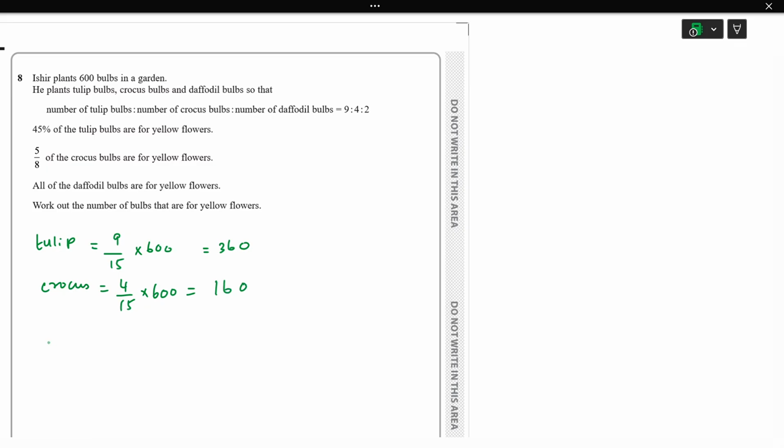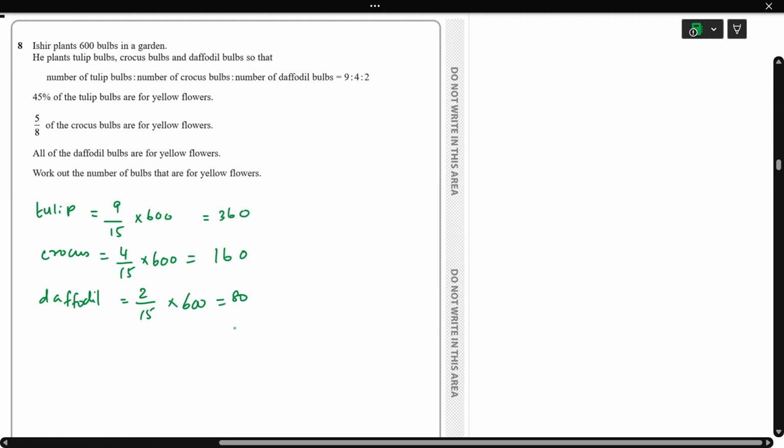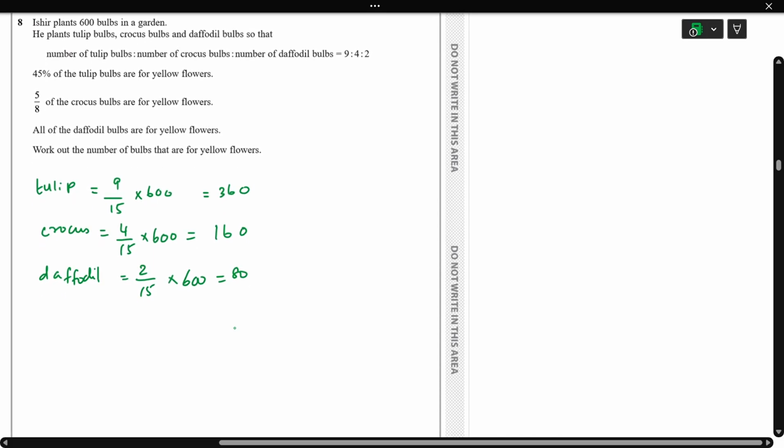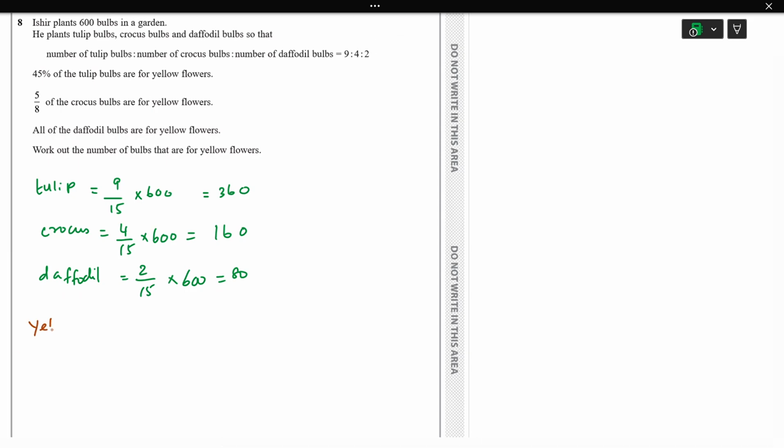Next is daffodil, which is 2 over 15 times 600, which is 80. So next it is given 45% of the tulip flowers are yellow flowers. So the next part is going to be about the yellow flowers.